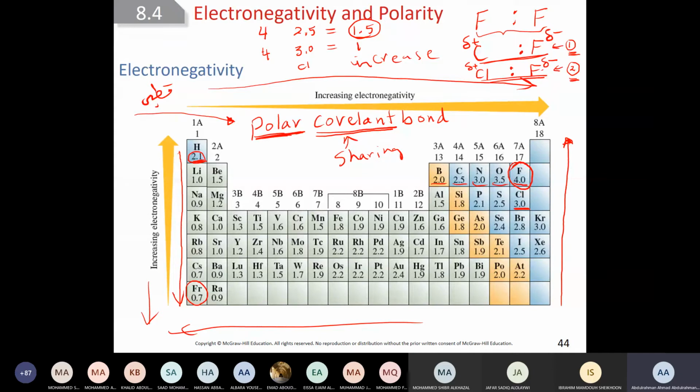Clear? How about this fluorine and this fluorine? Is there going to be any slight positive or negative charge? No charge. It will be 0. Clear?